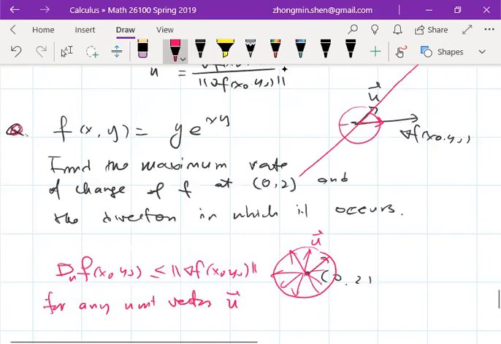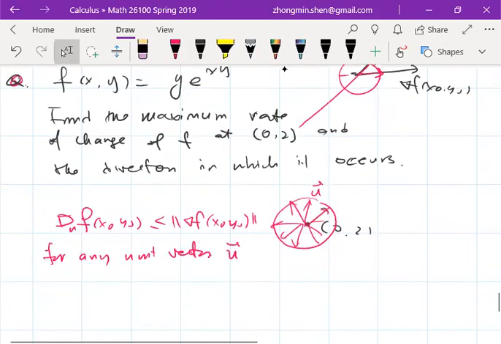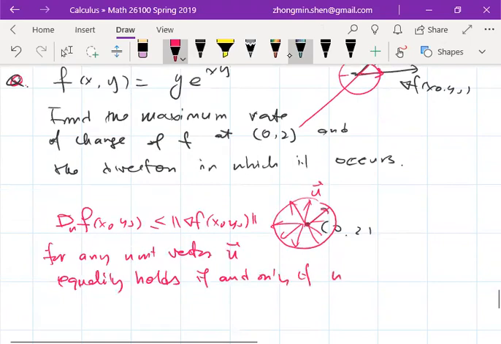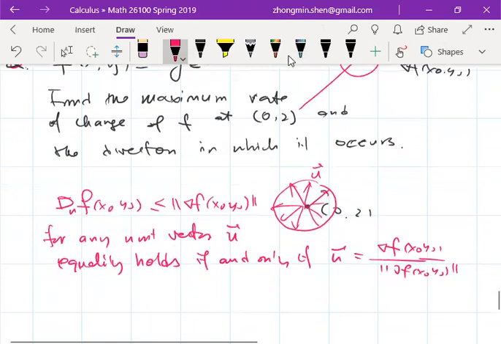And when the equality holds, that means when it has reached the maximum, it holds if and only if this is the direction of the gradient. So when you do the problem, if you can write down this statement, then it's very clear what you're going to do. You just need to find the gradient of the function. That's it. Then you get all the information you want.